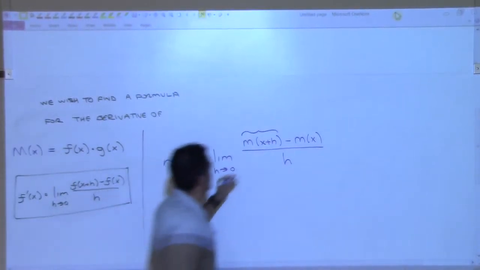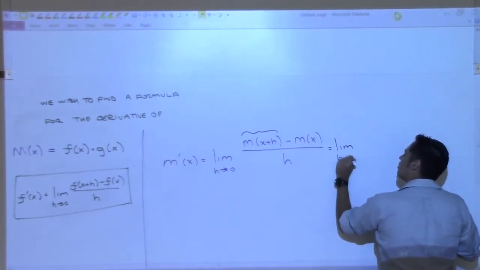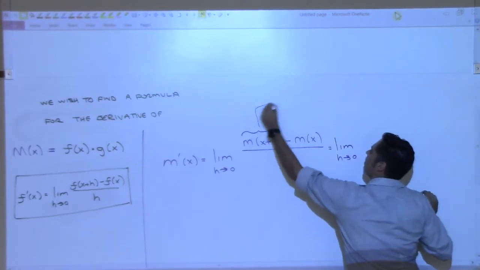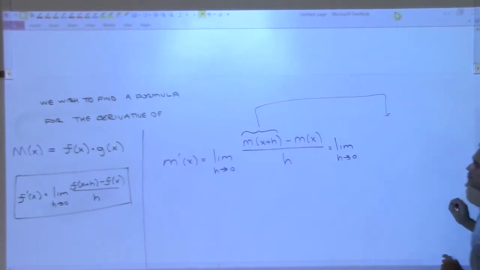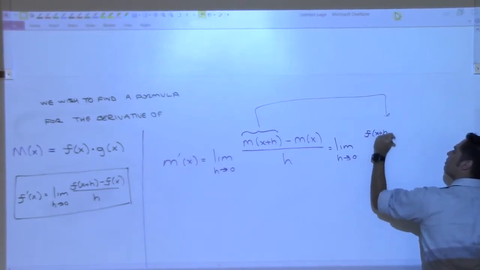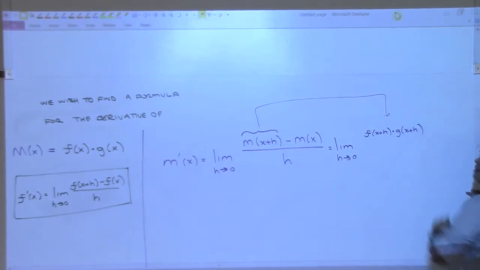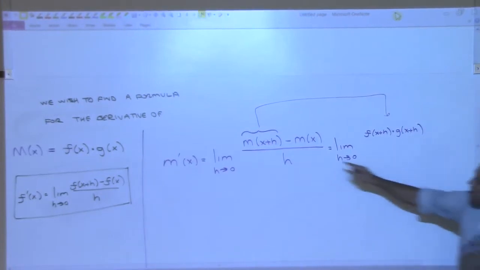So this becomes, I'll do it over here, the limit as h goes to 0. This becomes what? f of x plus h, then what? Times g of x plus h. Agree? So that's what this is.